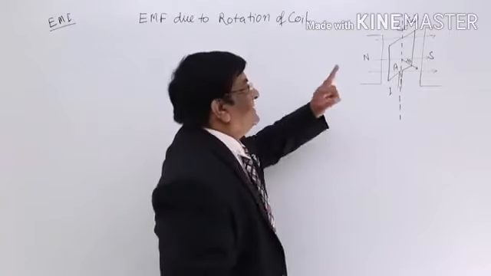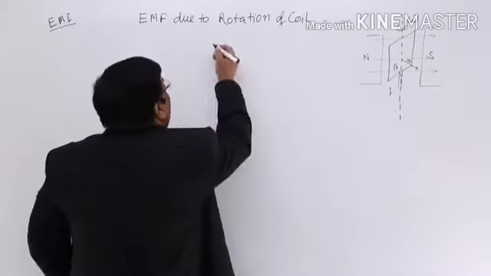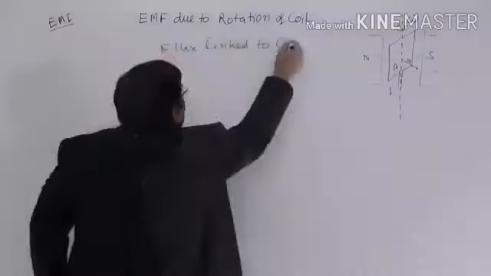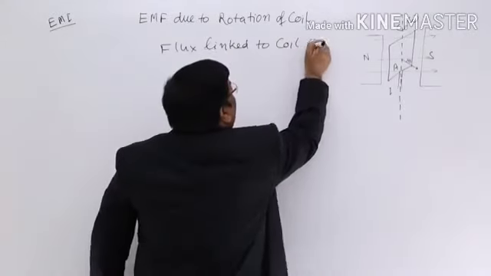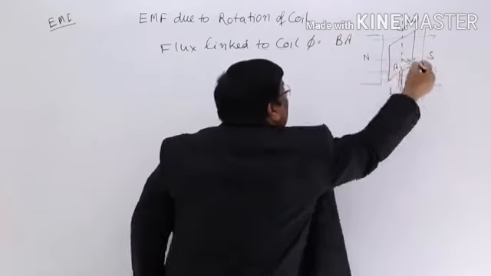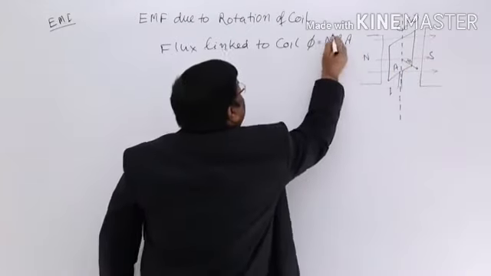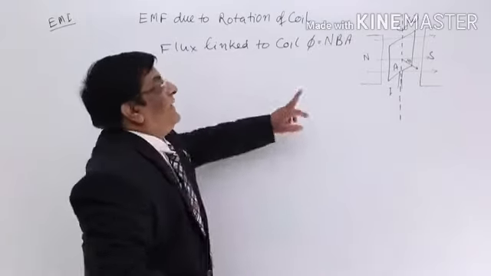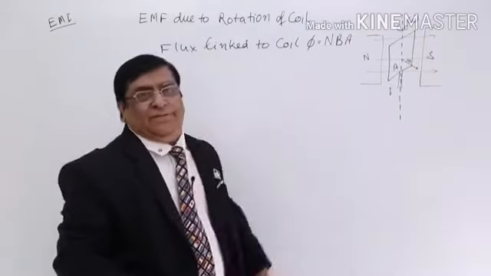Answer: yes, it makes a difference, because the flux linked to this coil, we know the definition is for the flux B into A, but we have made n turns here, so the total flux becomes NBA. This is the flux linked with it.